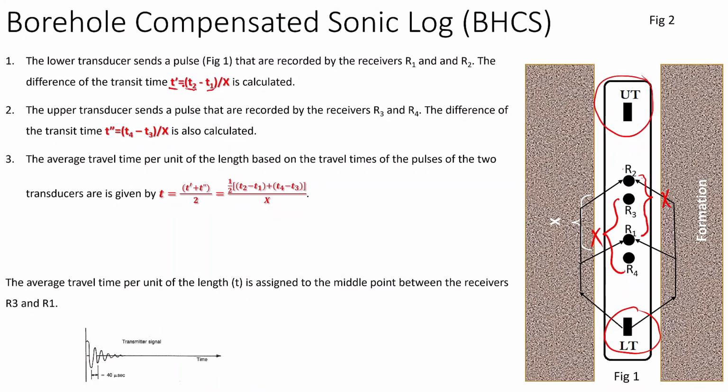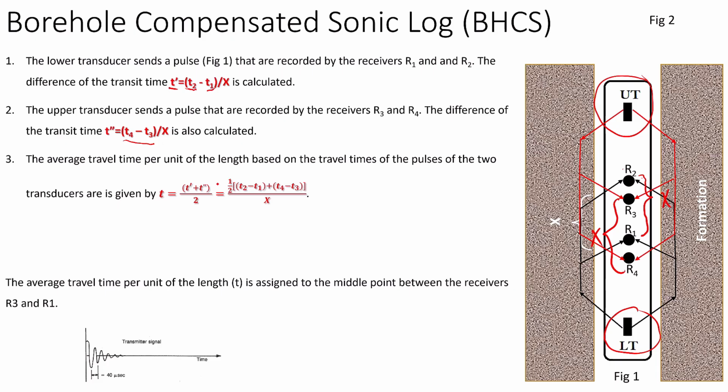And after that, the upper transducer produces another seismic signal that is recorded by R4 and R3. Again, we measure the difference between R4 and R3 and divide it by X to obtain the travel time per unit of length.